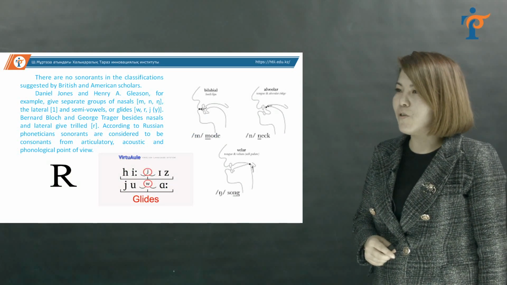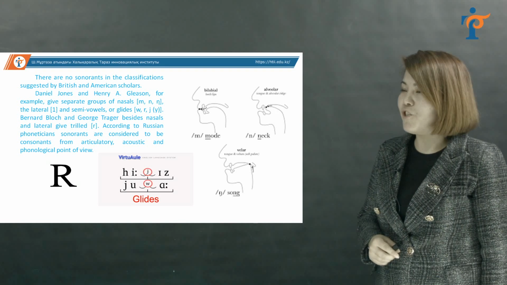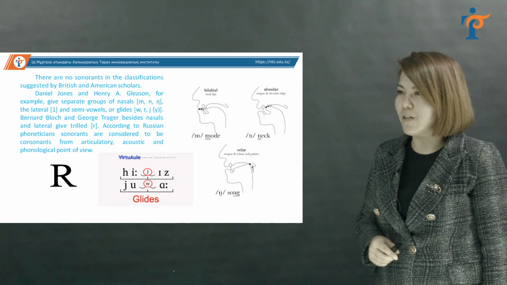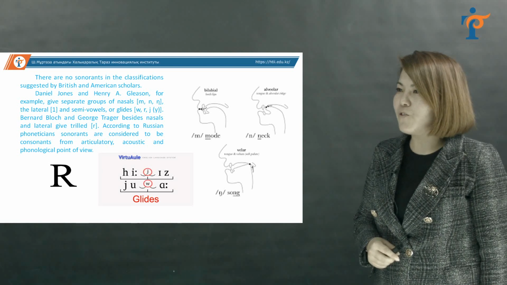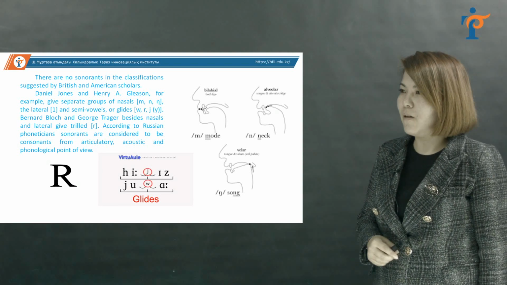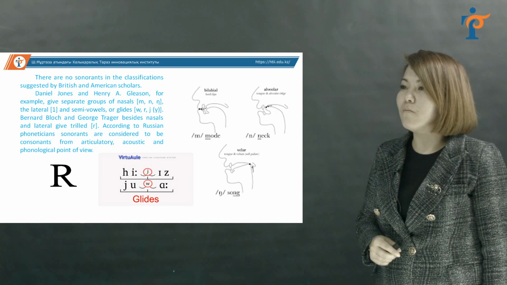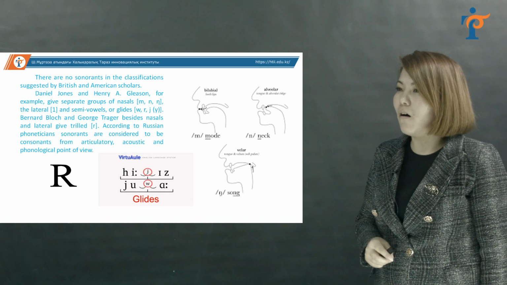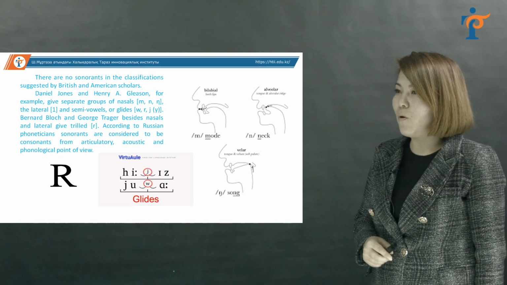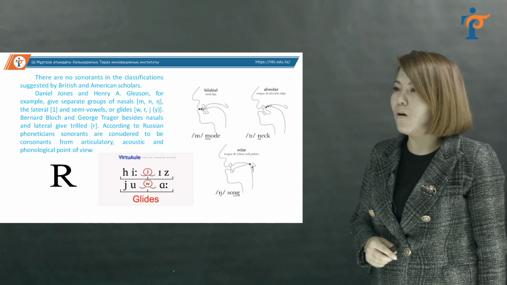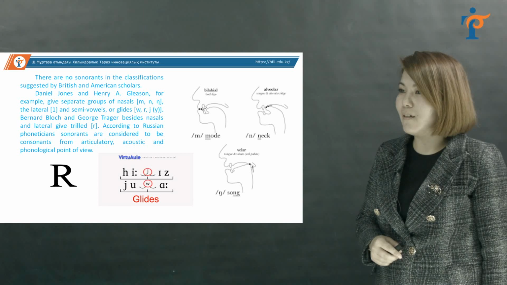There are no sonorants in the classification suggested by British and American scholars. Daniel Jones and Henry Gleason, for example, give separate groups of nasals, the lateral and the semivowels, or glides, w, r, j.